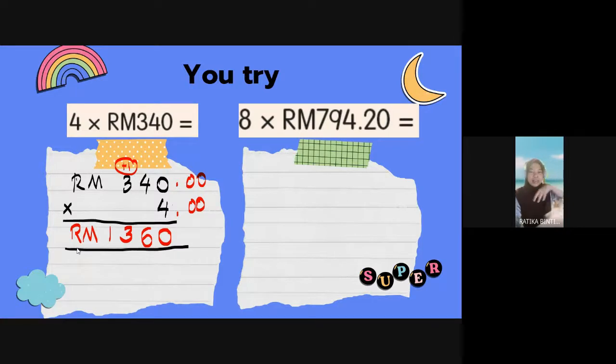Oh, some of us are slow at calculating. Done. Okay, done. What is your answer? Okay, Zara first. If you say money, you don't say the RM. Okay, Zara, what is your answer? How many thousand?